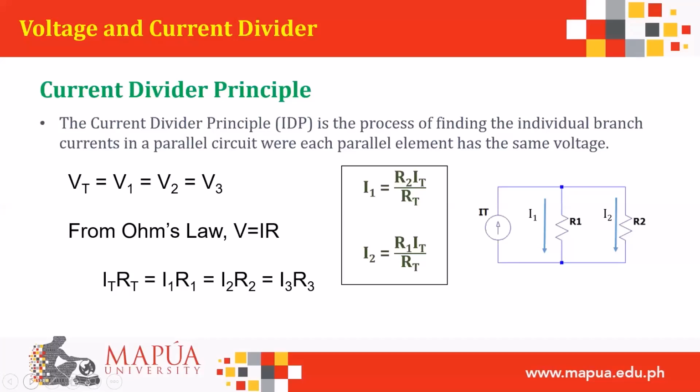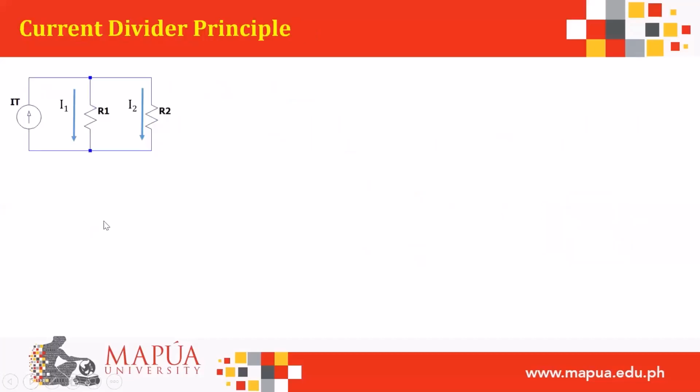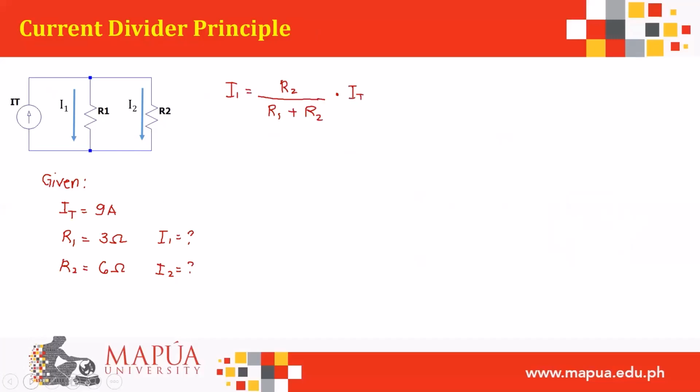So let's try some examples. We have this given: I sub t equal to 9 amperes, R1 is 3 ohms, R2 is 6 ohms. What are the currents I sub 1 and I sub 2? I sub 1 is equal to the other resistor, 6 ohms, over 3 plus 6 ohms, multiplied by 9 amperes. So that's 6 amperes.